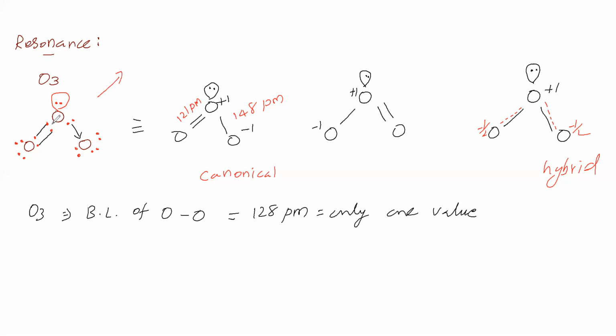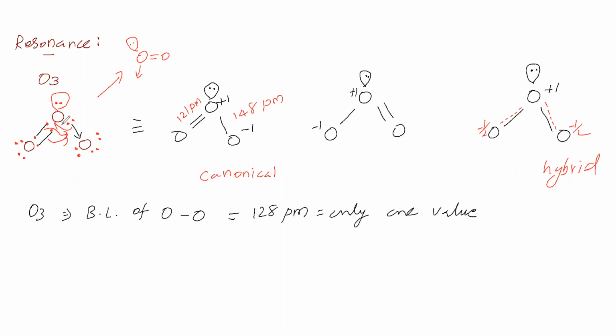Next I will write it by shifting this bond here, this bond and this bond here, and this bond to this place. Then I will get it like this. So we can get this structure from this by shifting electron pairs.